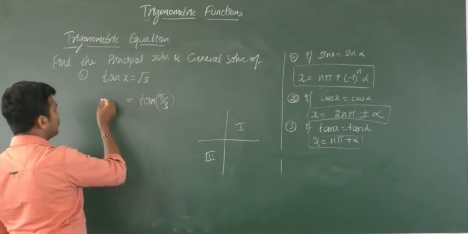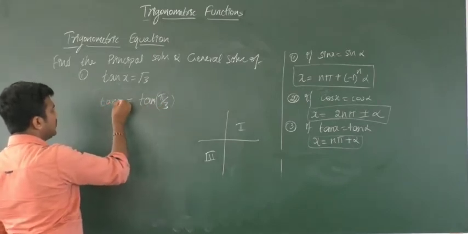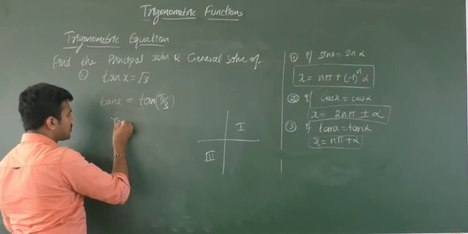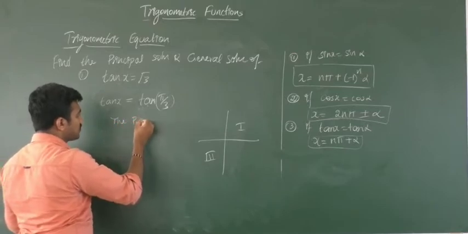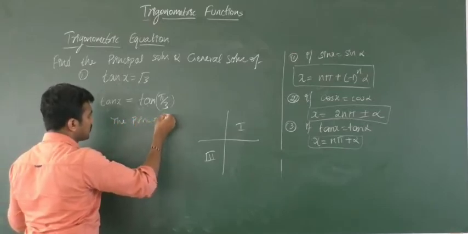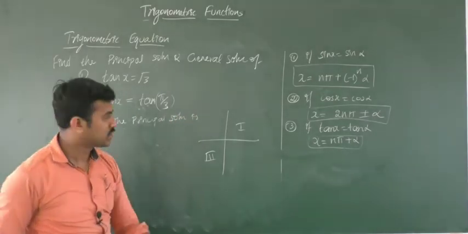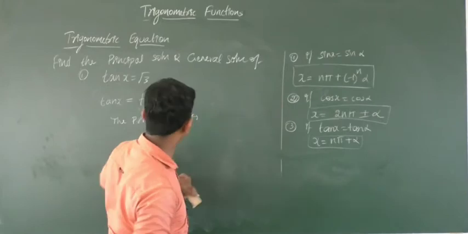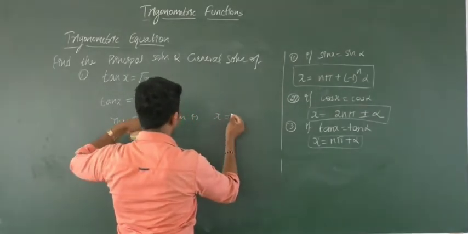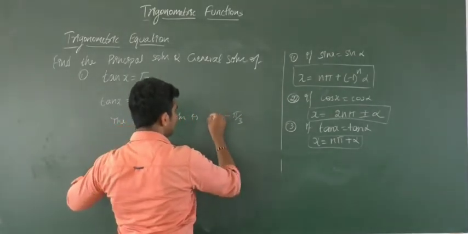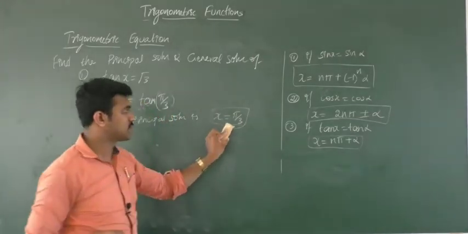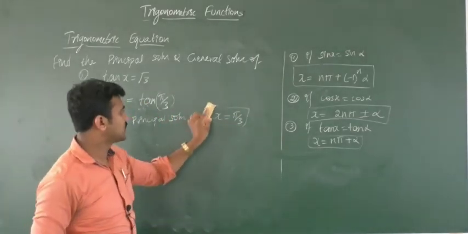So the principal solution, you can write x is equal to pi by 3. This is one of the principal solutions. Another principal solution we can also find.